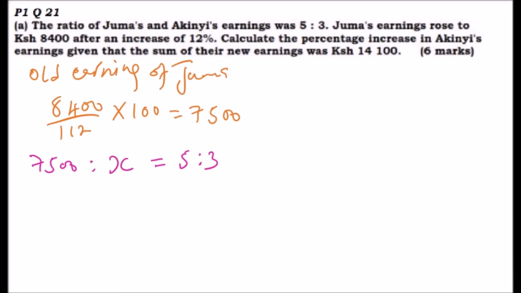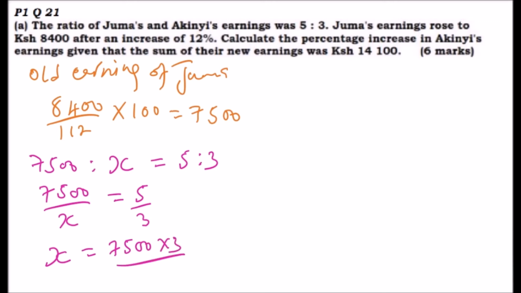So you can say that is 7,500 divided by X, we write the ratio in fraction form, is equal to 5 over 3, implying if you multiply by X here, you'll be able to make X a subject. So X is equal to 7,500, you multiply by 3 and you divide by 5, and using your calculator, you'll be able to get that X is equal to 4,500.